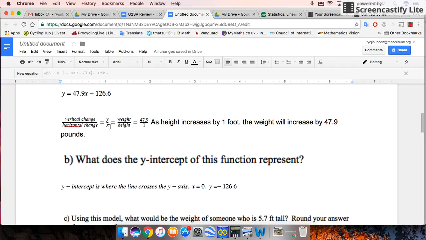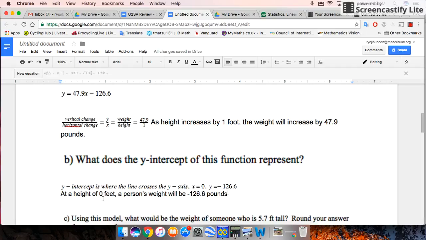Again, since our x variable is height, this means that at a height of 0 feet, a person's weight will be negative 126.6 pounds, right?